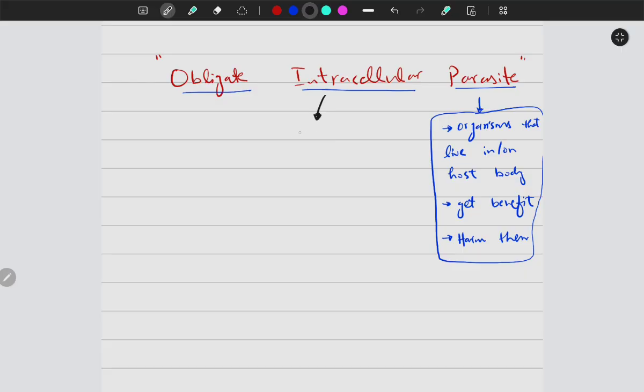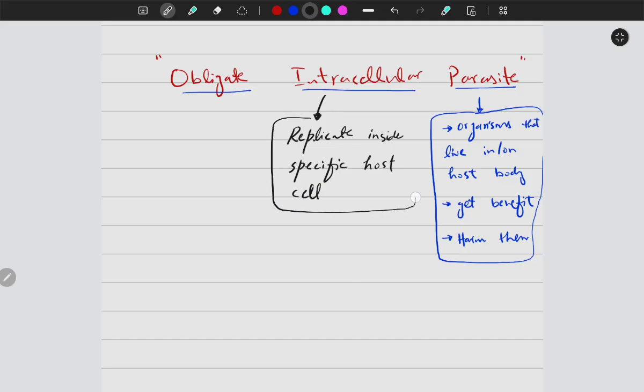They parasitize cells, or you can say they only replicate inside a very specific host cell. So tobacco mosaic virus is the first virus that was visualized by W. Stanley in 1935.